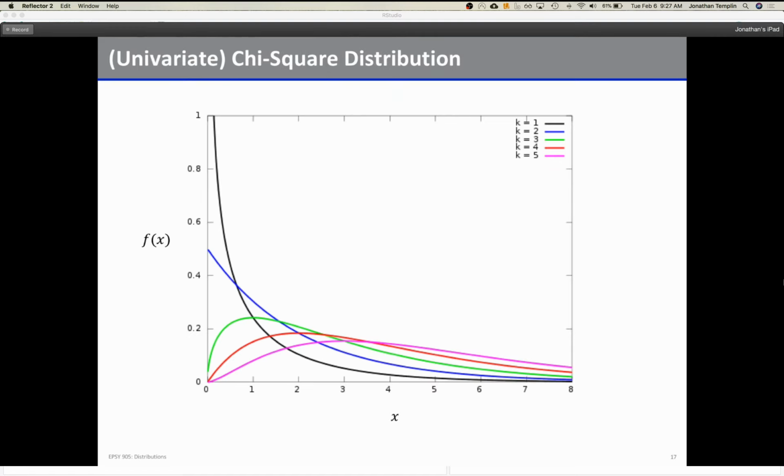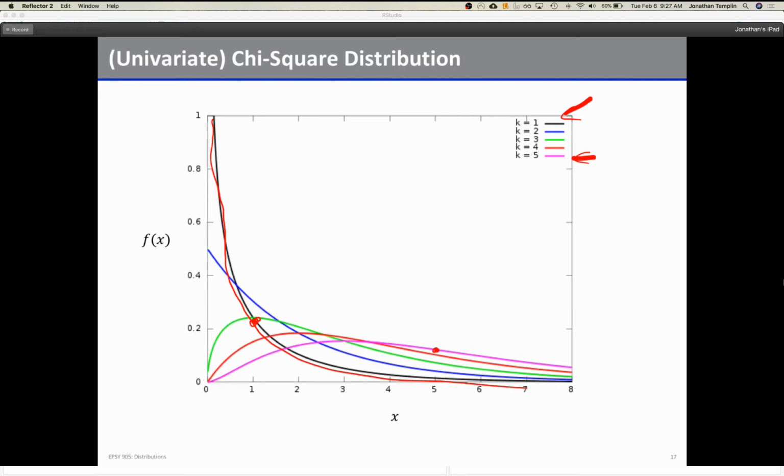Here's the shape of the chi-square distribution. When nu is 1, it's got this crazy decreasing function. But as nu gets bigger and bigger, remember this is the mean of the distribution, so the mean is at 1 for the black line, the distribution starts to have its peak move away from 0. Here the pink line has a mean of 5.